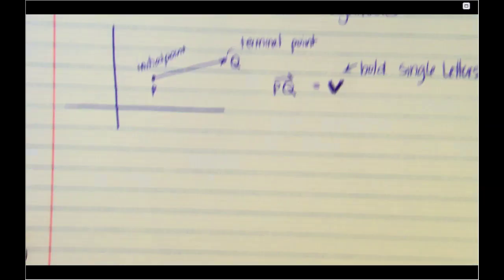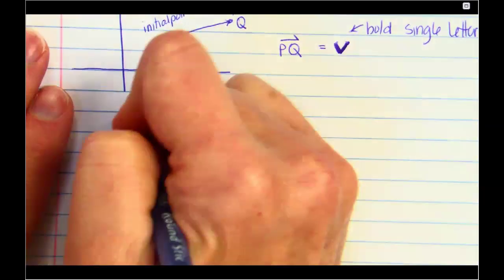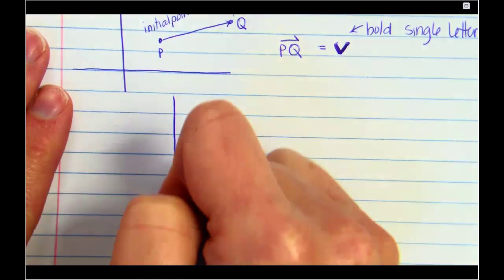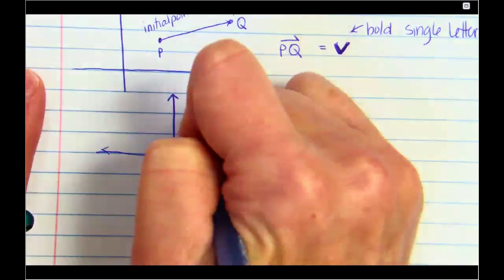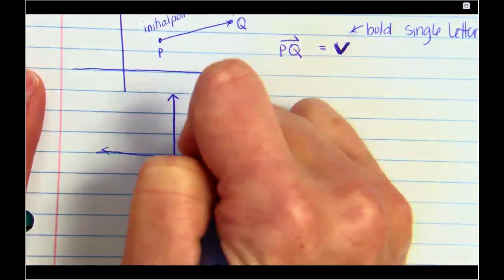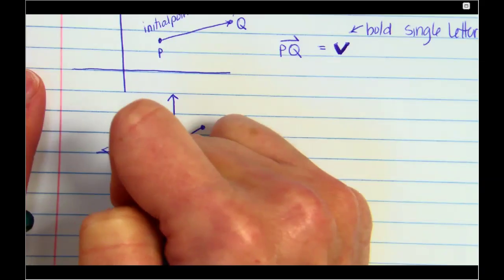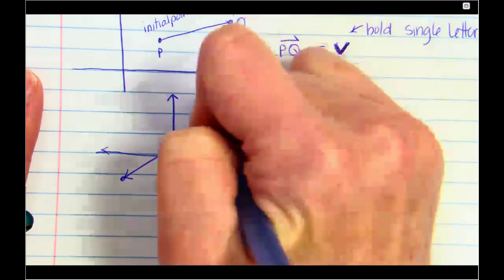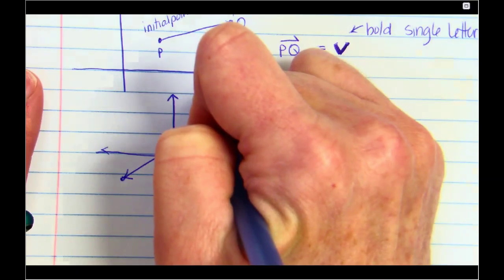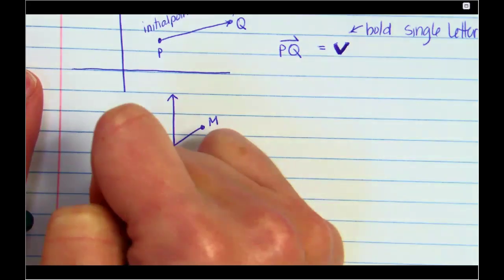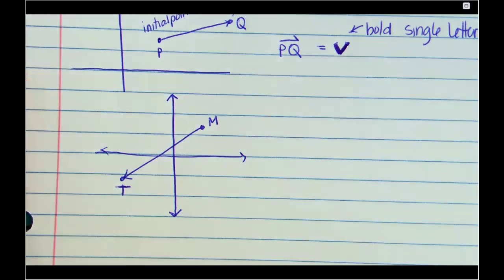So, just to make sure that we are on the same page here, let's say that we have this vector. Once you write that, name that vector for me.